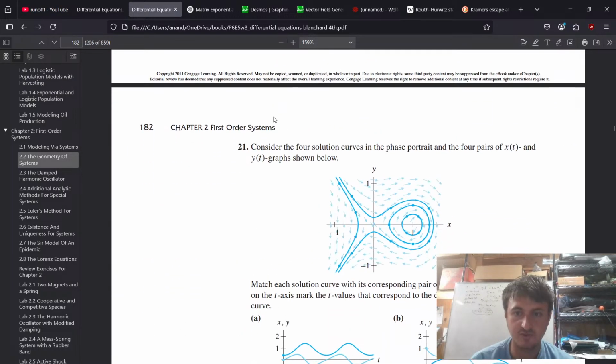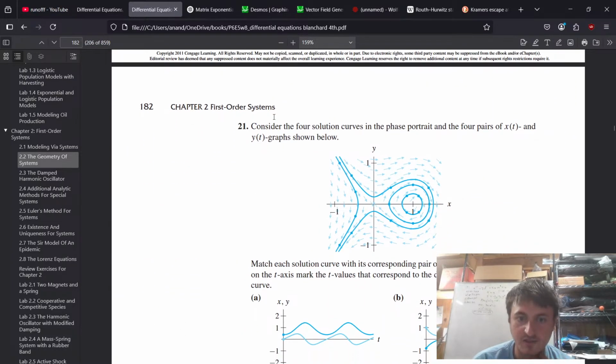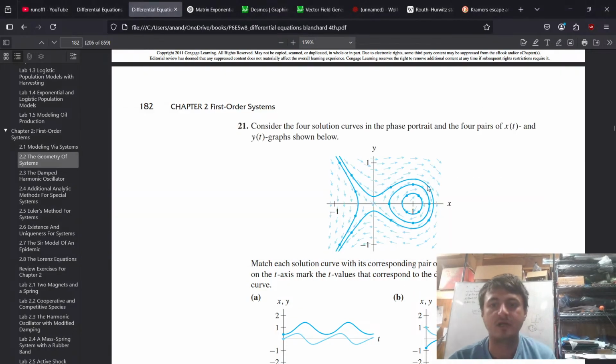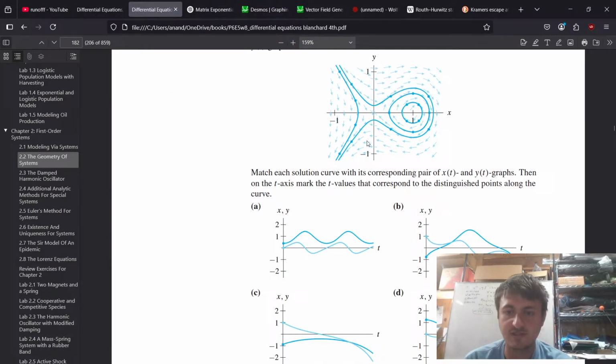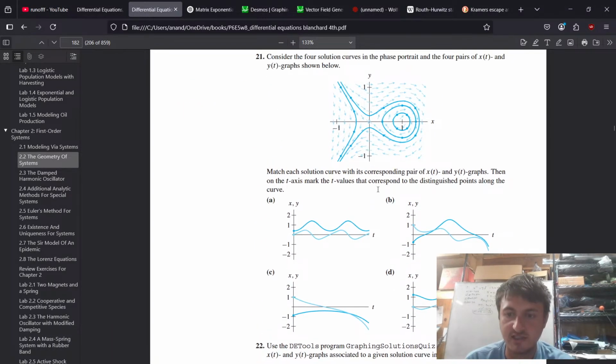All right, 21. I think we can do 21 without the board. I remember doing this one. So it's basically like match these things. So this C is the easiest because C is just going to be this one on the far left. Then this one with the lowest amplitude. Wait, hold on. So these are going to be those center ones.